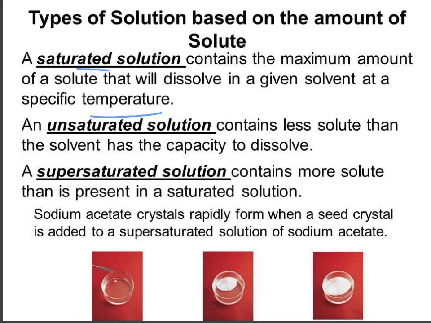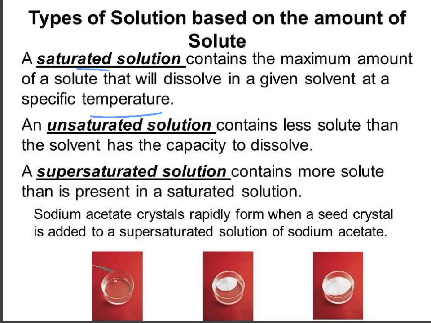An unsaturated solution, on the other hand, contains less solute than the solvent has the capacity to dissolve. Lastly, we have a supersaturated solution containing more solute than is present in a saturated solution.